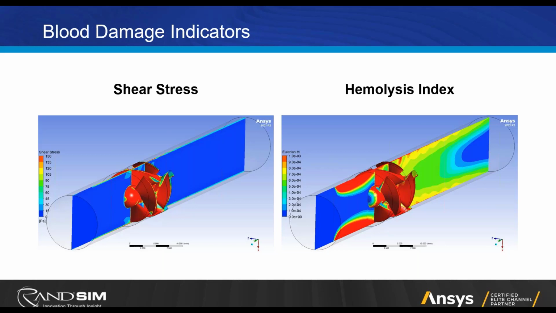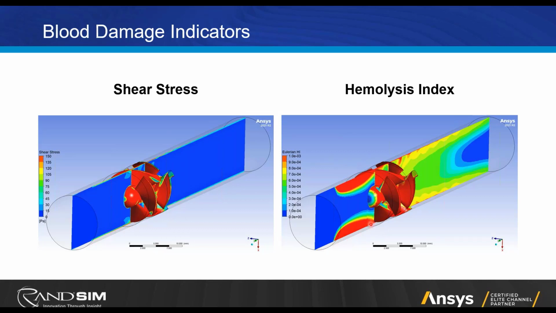Remember the pre-swirl upstream that we saw in that streamline plot. You can see the impact it has in the hemolysis model, because although the shear stress is not extremely high, the flow is swirling and getting stuck in that area for a while.